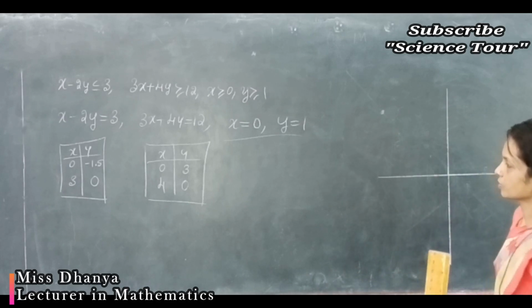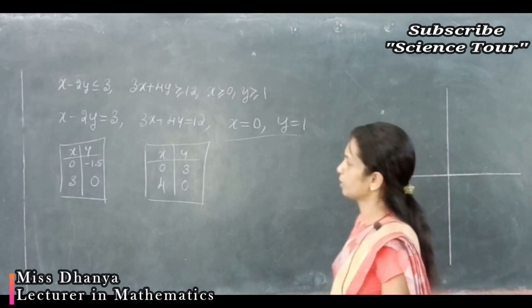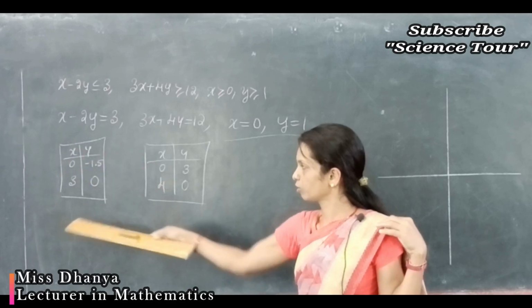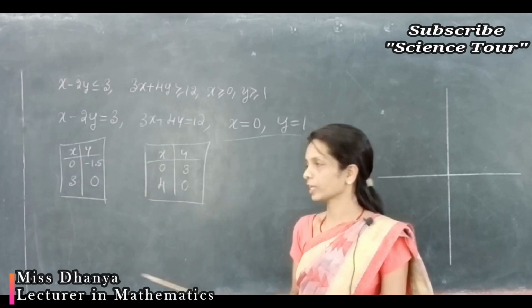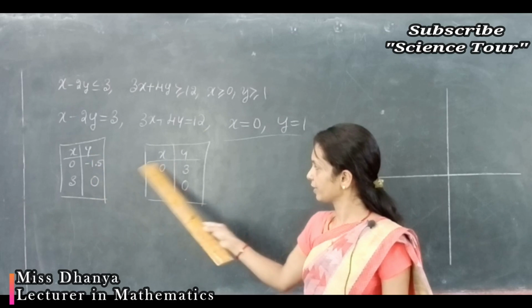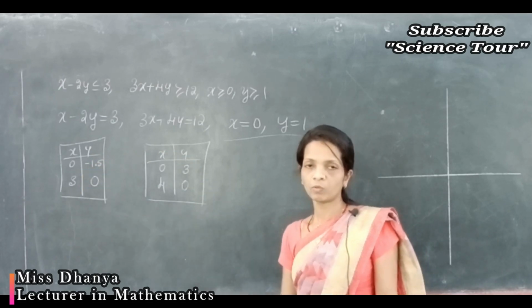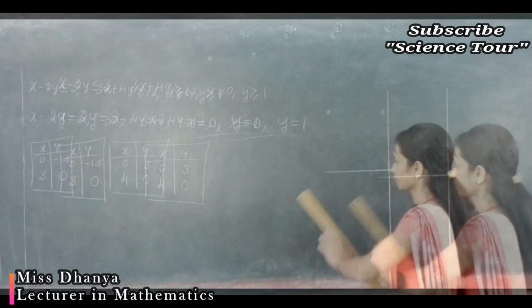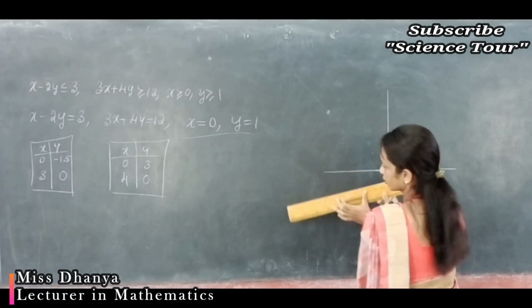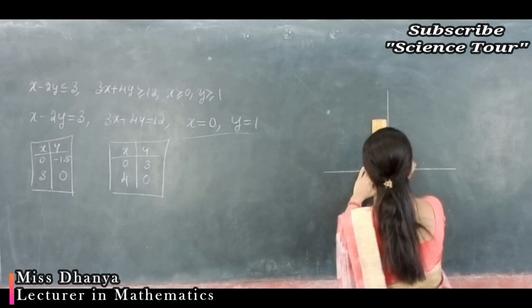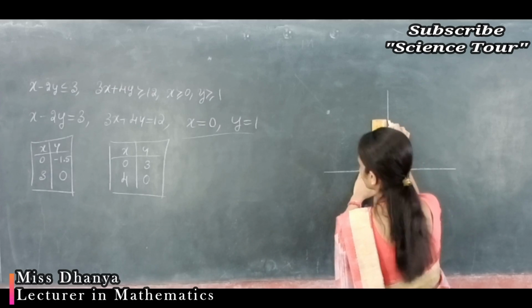And you just see here, maximum up to 4 is enough on x-axis, because in the x column you have maximum number 4, in both the tables, and on y-axis maximum up to 3 is enough on the positive side, and on the negative side minus 1.5. Okay. So mark points on both axes at equal distances 1, 2, 3, 4.